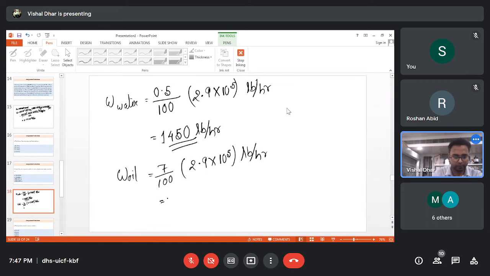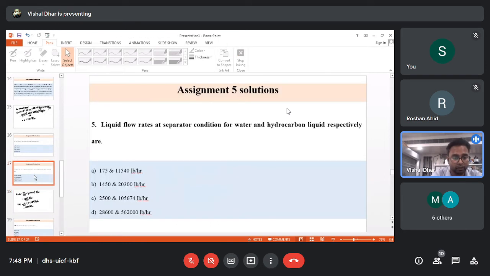If we solve it, it is 20300 lb per hour. So the flow rate of water is 1450 lb per hour and the flow rate of oil is 20300 lb per hour. So the correct answer will be option B.